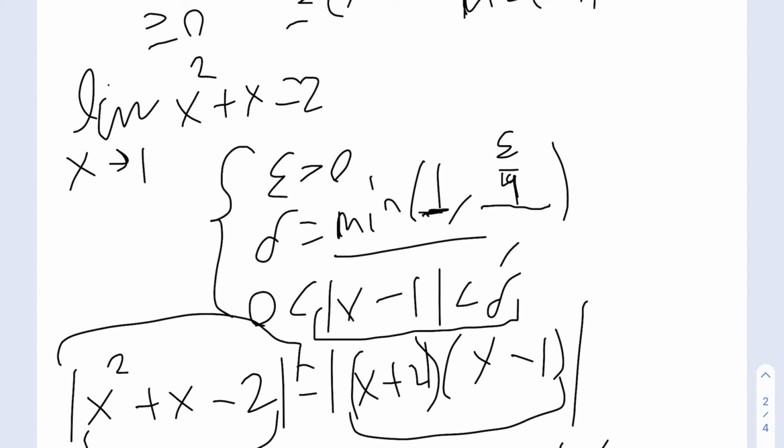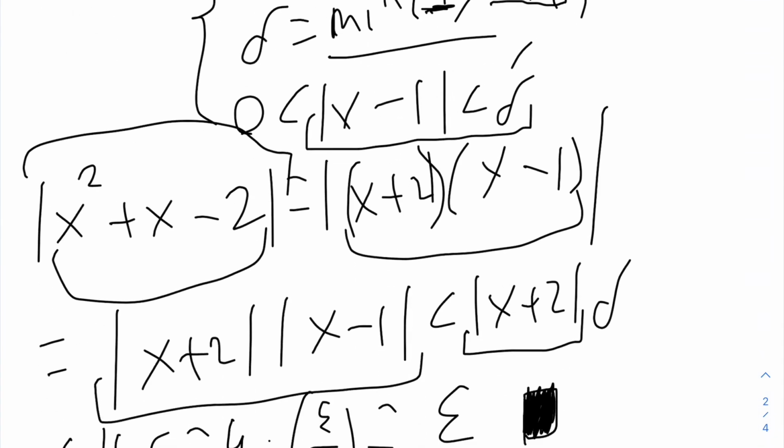And again, we use the minimum because we assume that delta is less than or equal to 1. We can do that because if delta were greater than 1, a smaller delta would always work. And if the maximum delta were less than 1, we would just resort to this epsilon over 4.